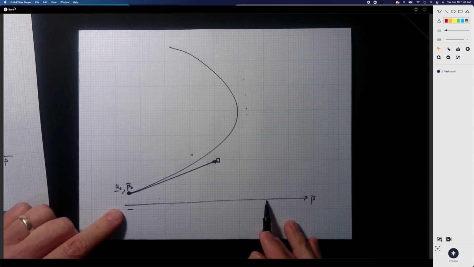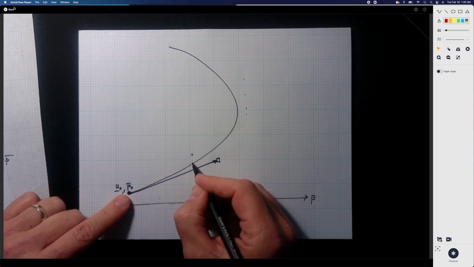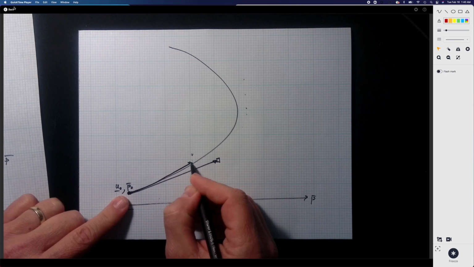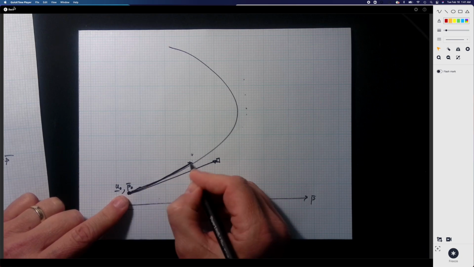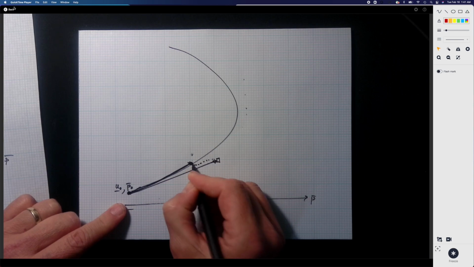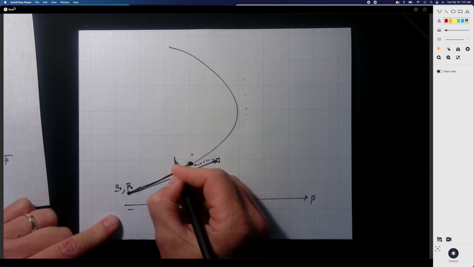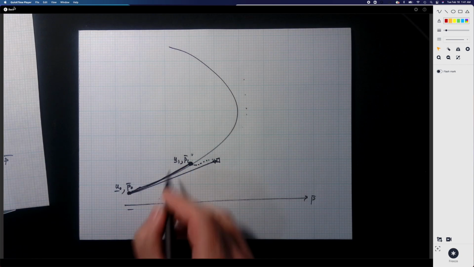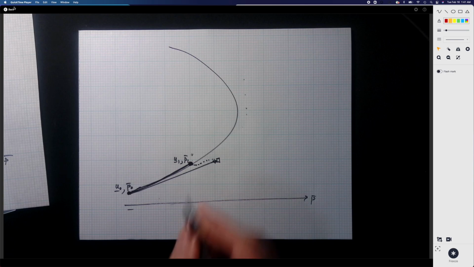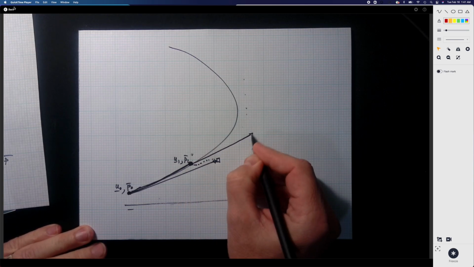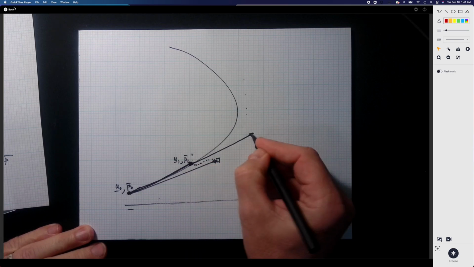This will not be fixed. Instead, what we'll fix is a distance along this line over here called the arc length. So then the Newton corrector is going to take us back here to u1 p bar 1. And then we take another predictor using the tangent over here.